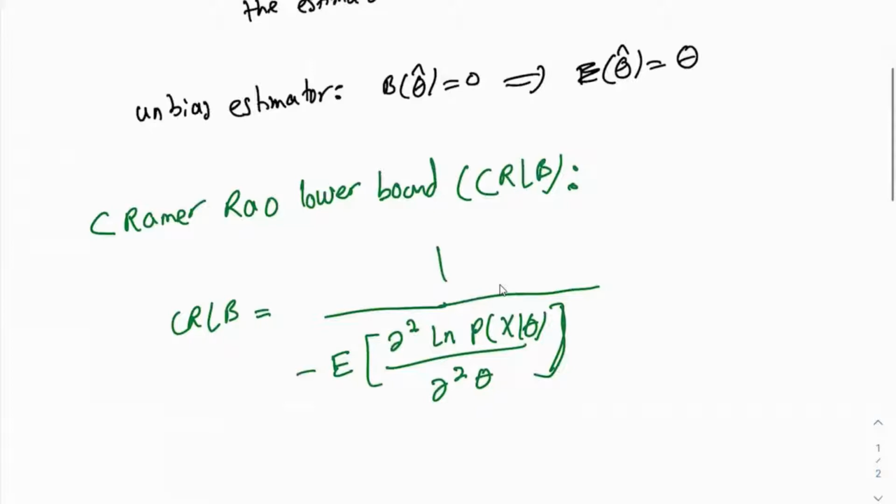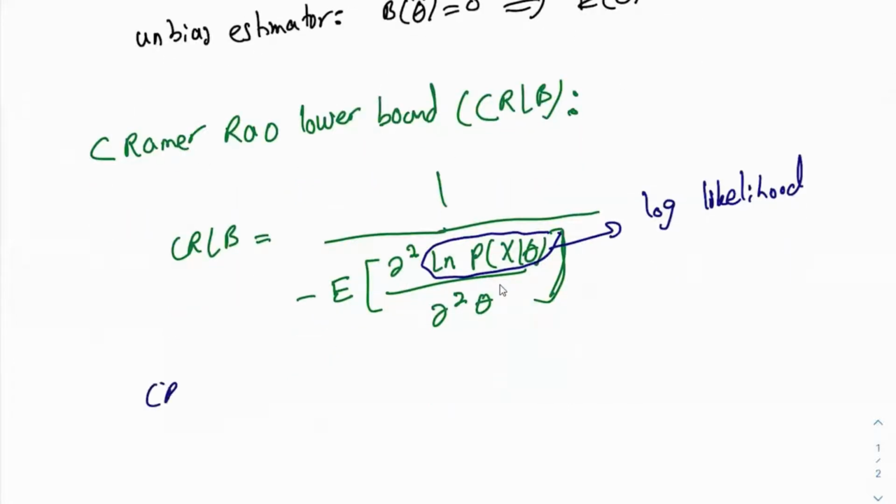Let's define these terms a little. This is the second derivative of the log likelihood. Then take the expected value of that, negate it, and take 1 over that. That is the Cramer Rao lower bound.